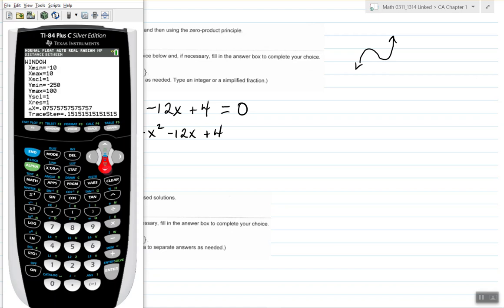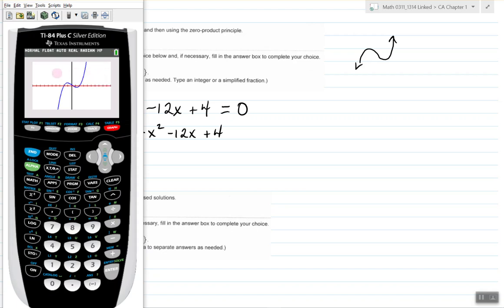my X's are okay. My Y min, I'm only going to do -100. So let's see what it looks like. It's better. If you want it even better, we're still too high.